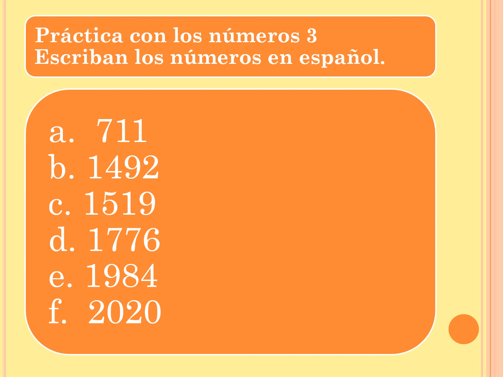Okay, here's your answers. 711 is setecientos once. 1492 is mil cuatrocientos noventa y dos. 1519 is mil quinientos diecinueve. 1776 is mil setecientos setenta y seis. 1984 is mil novecientos ochenta y cuatro. 2020 is dos mil veinte.